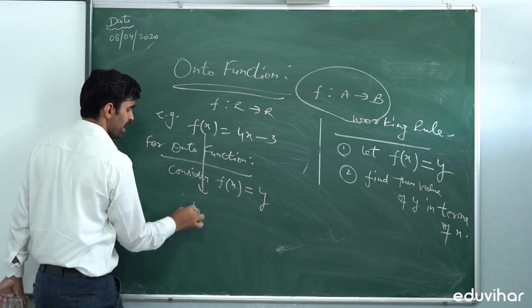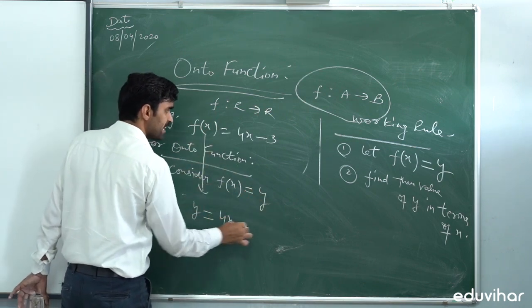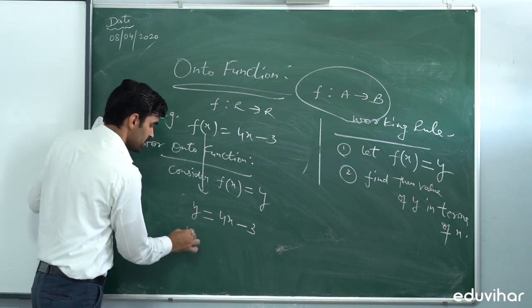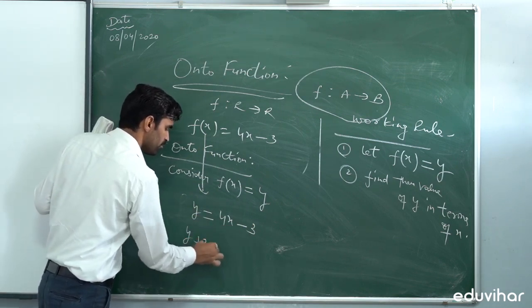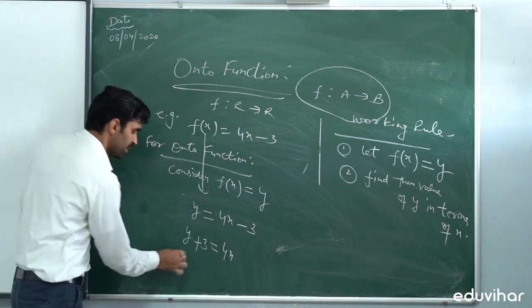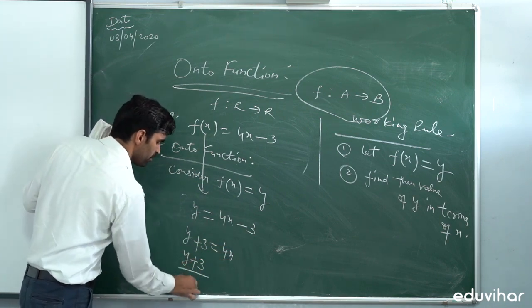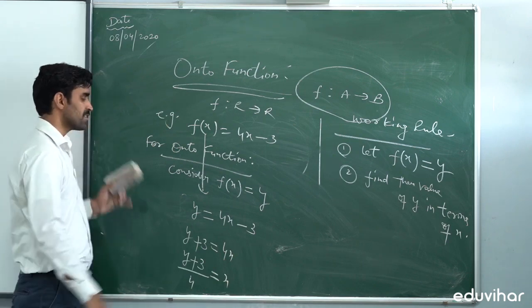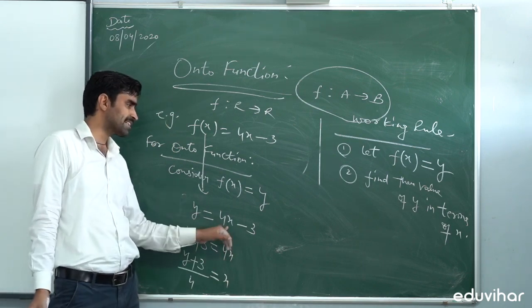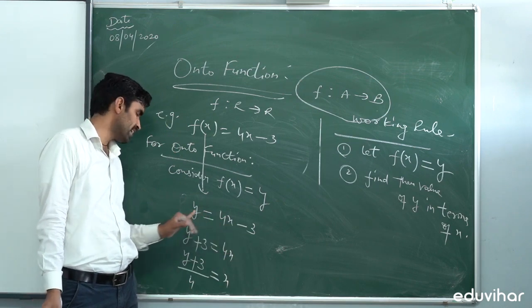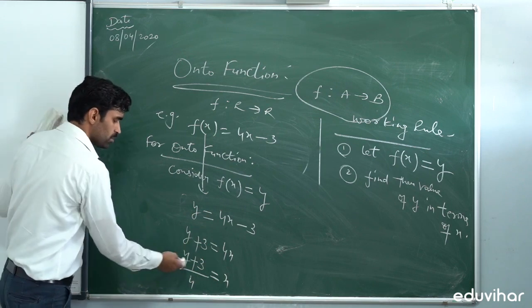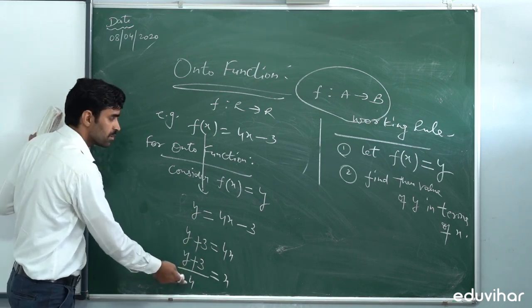That is, we have y equal to 4x minus 3. Then y plus 3 equal to 4x. We can say (y plus 3) upon 4 equal to x. First of all, we have y in terms of x. Now find x in terms of y, and here x equal to (y plus 3) upon 4.